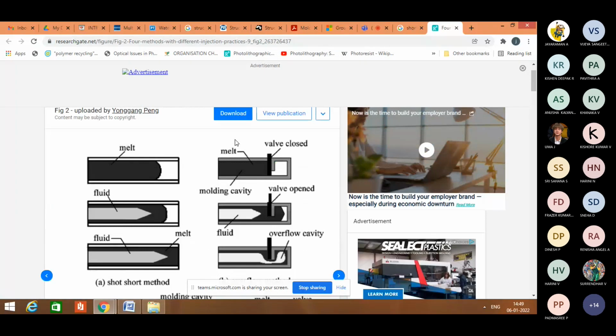In this technique, first the valve is closed, then the melt is filled partially in the cavity, then the valve is opened. During this time, the fluid flows through the molten polymer.